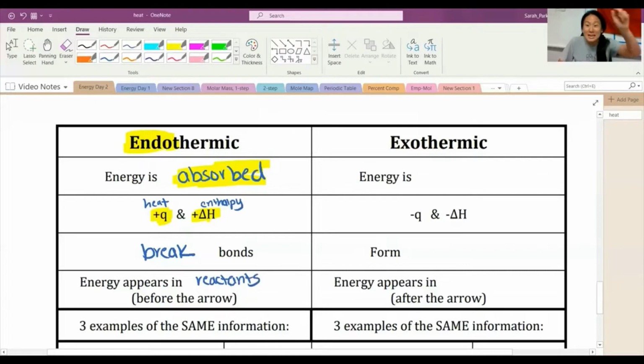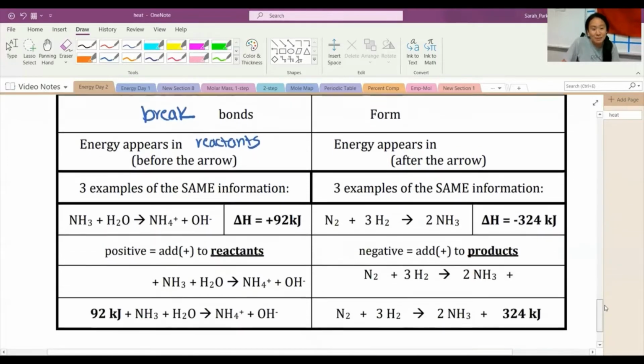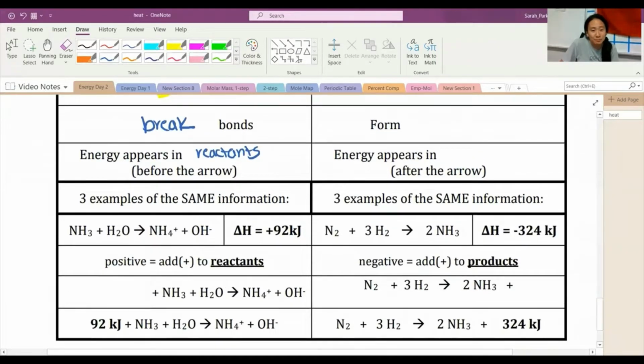This means you need that energy before you can actually make anything.